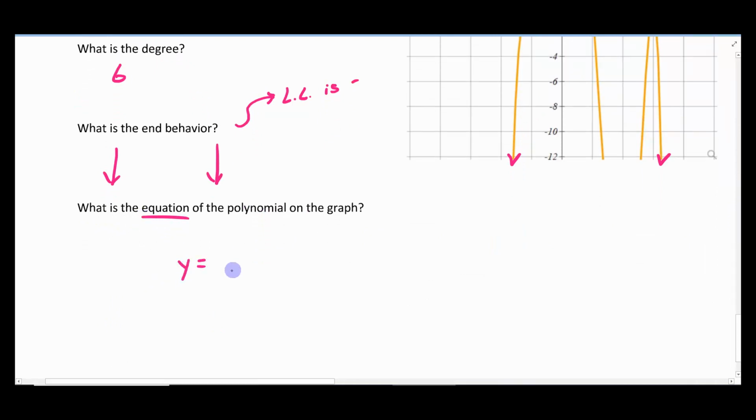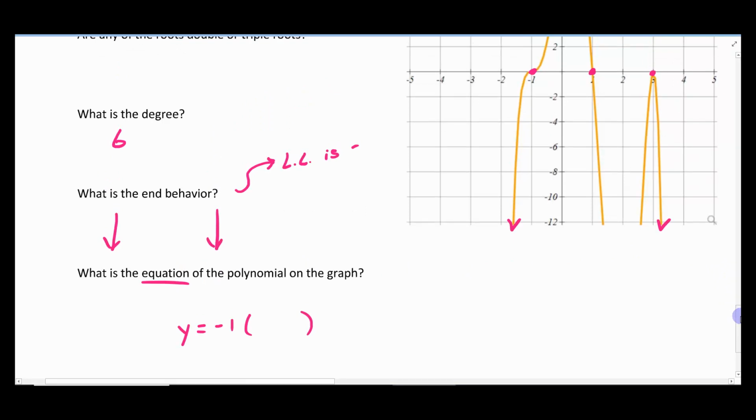So I'm going to say y equals, and I'm going to put a -1 out front because remember we figured out the leading coefficient was negative because of the end behavior, and I'm going to start writing my factored form for this polynomial. So we know one of our roots was at -1. That means we have to have a factor of x plus 1. Okay, so again, think about it.